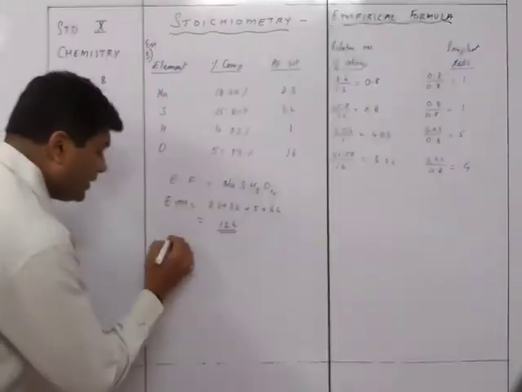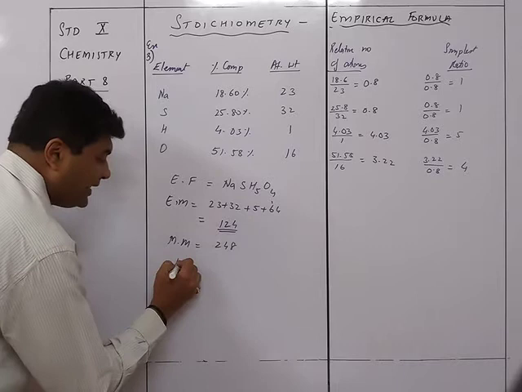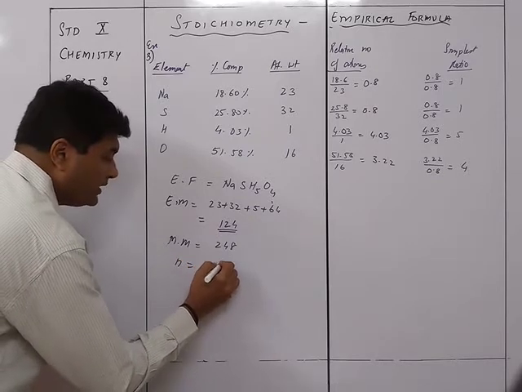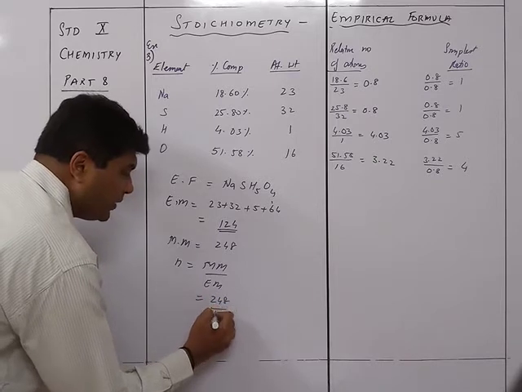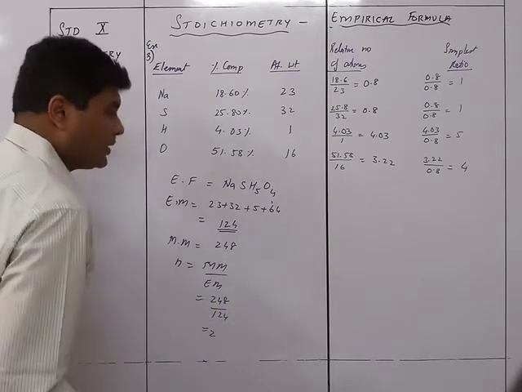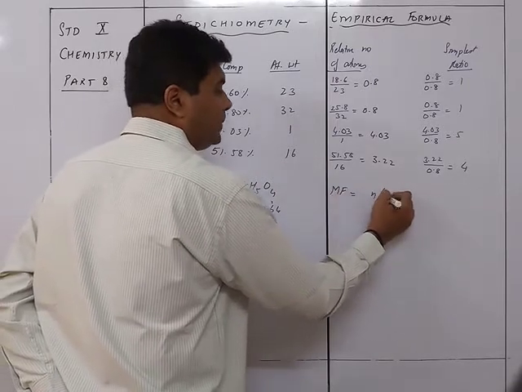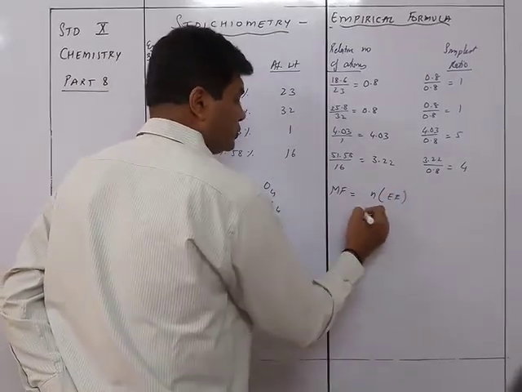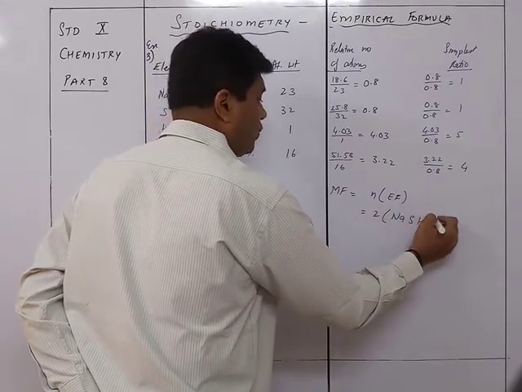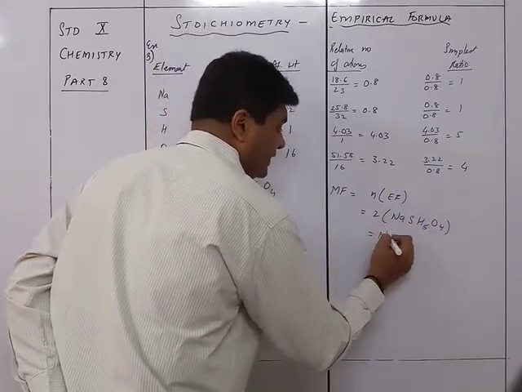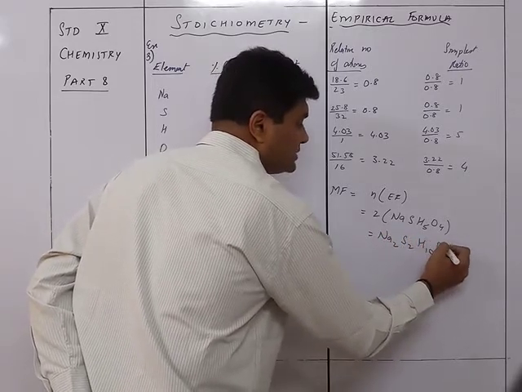They have given the molecular mass as 248. Therefore, n is equal to molecular mass upon empirical mass, which is 248 upon 124, equal to 2. Accordingly, the molecular formula will be n into the empirical formula, which is 2 into NaSH5O4, which is nothing but Na2S2H10O8.